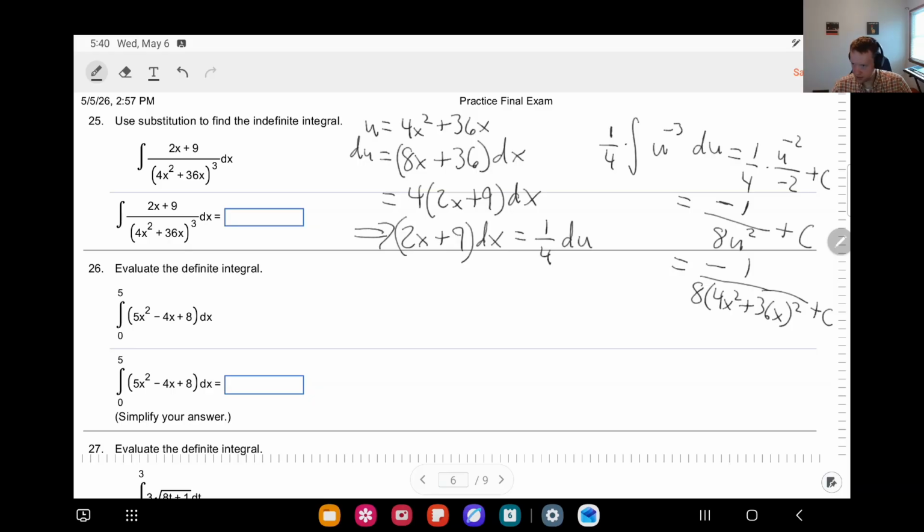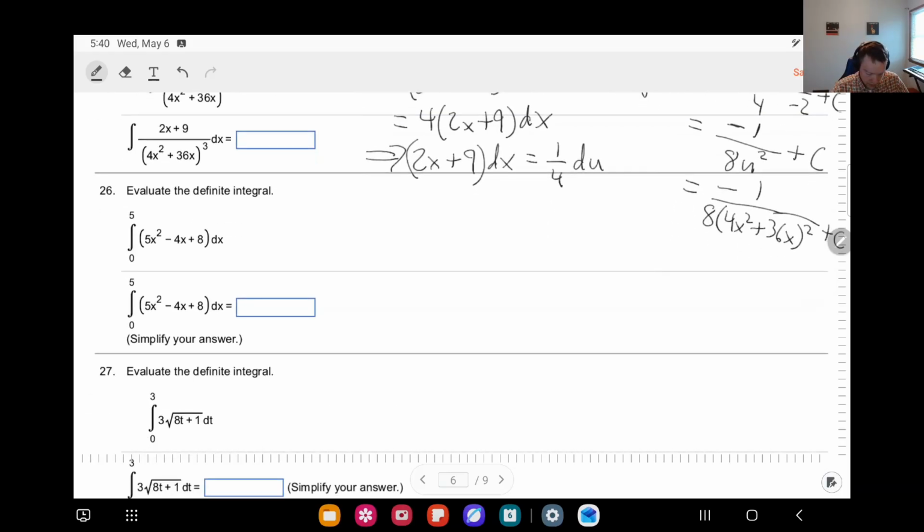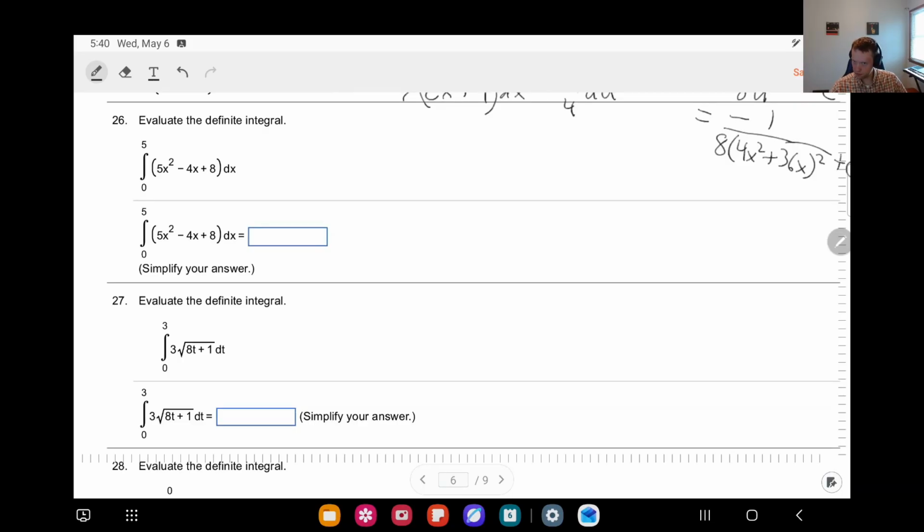All right, now we're on to definite integrals. That's finding area under a curve. So it's an integral, but you have these bounds of integration, x between 0 and 5. Well, by the fundamental theorem of calculus, I can solve this by finding the antiderivative and then evaluating at those endpoints. So take the antiderivative, that's 5x cubed over 3.